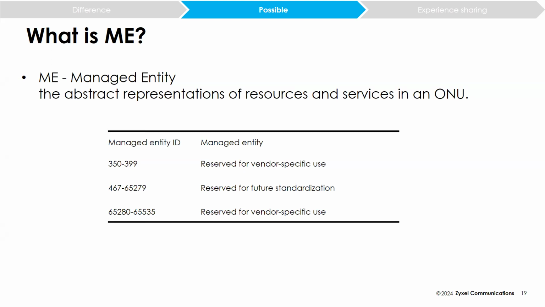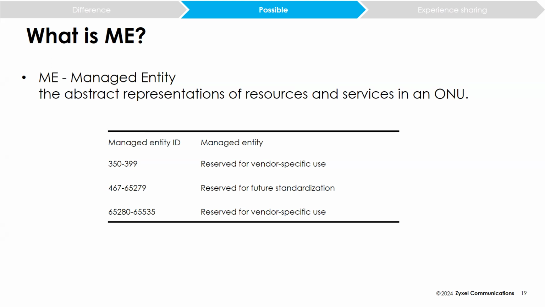Also, only a small subset of the NEs are mandatory. Those mandatory NEs we call the standard NE. The standard NE uses entity IDs from 1 to 348 and must be supported by each vendor's devices.